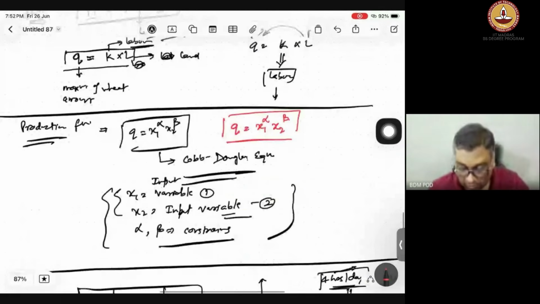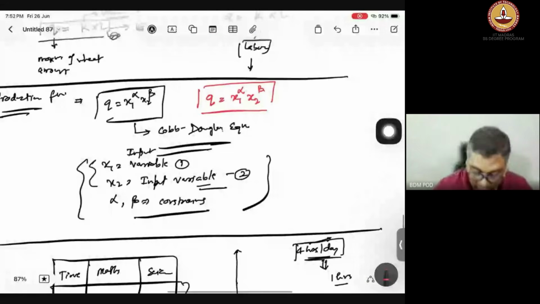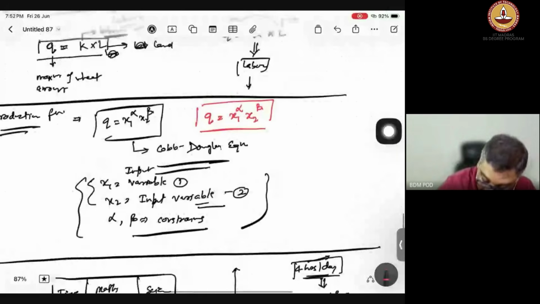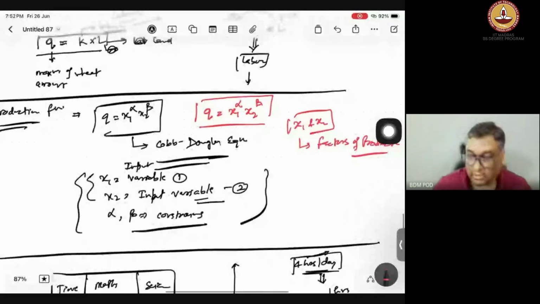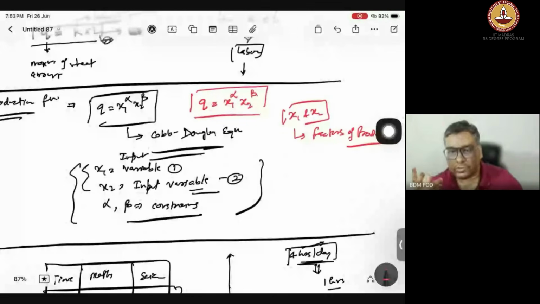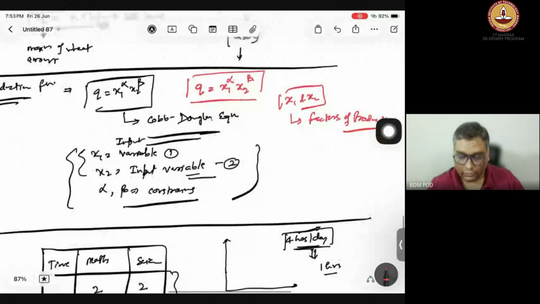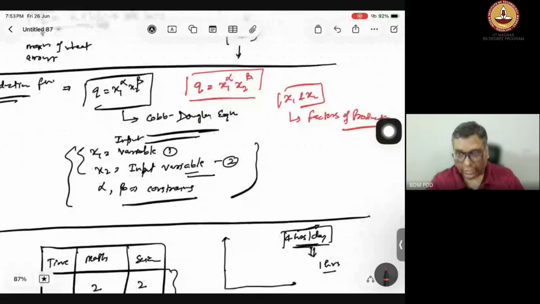So these are the factors, this x1 and x2. These are the factors of production. We are studying only 2 factors now because we are plotting in 2D, and in 2D we can represent only 2 variables. That's why we are focusing on 2 factors of production, so that I can showcase how these are changing.